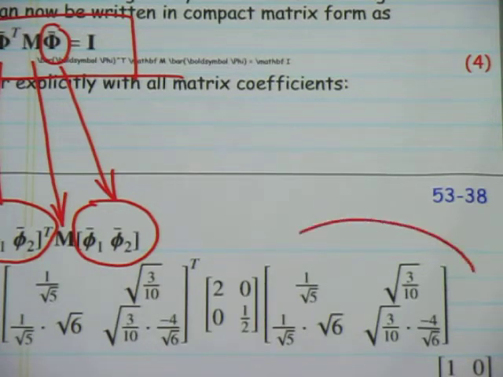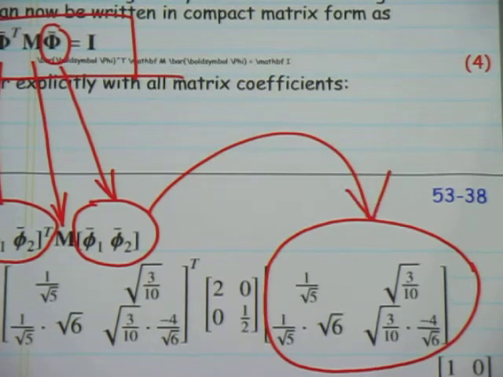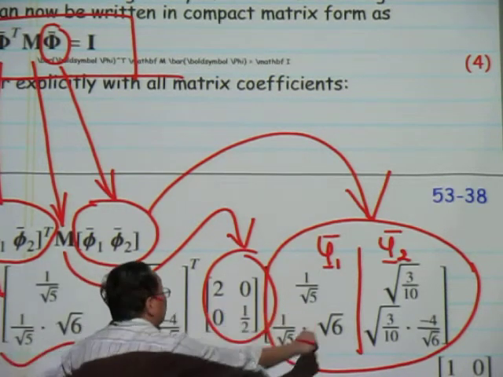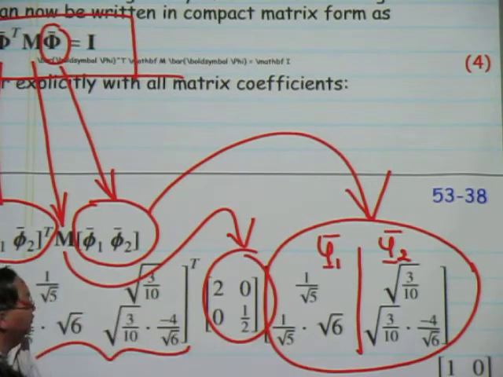And recall that this matrix here is the cap phi bar matrix, right? With two eigenvectors side by side. We have phi 1 bar and phi 2 bar. This is the mass matrix here. And this matrix here is the transpose of the cap phi bar matrix. Okay, so there's a transpose sign there.